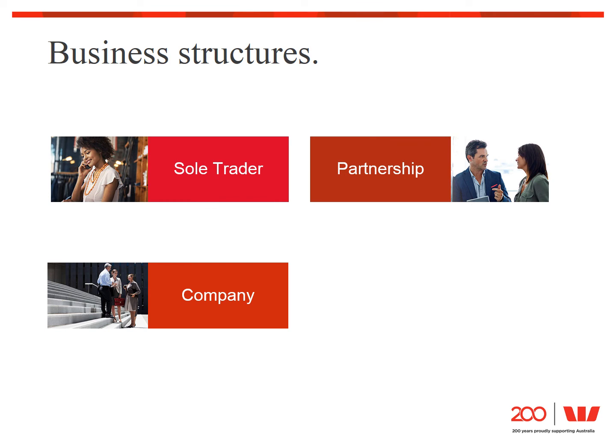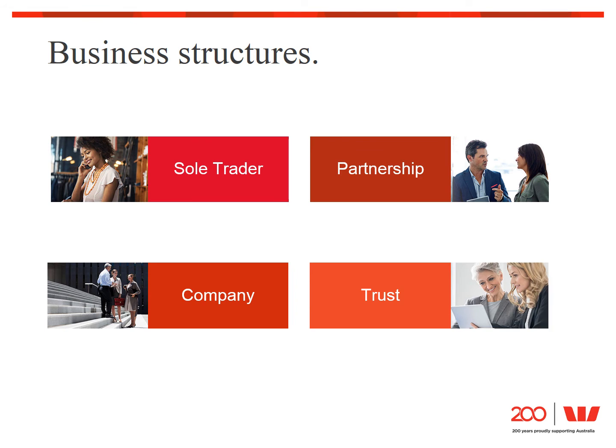In small mum and dad businesses, it's not uncommon for the shareholders and directors to be the same people. Company profits are currently taxed at a flat company rate of 30%. While a company is more expensive to establish and administer, it can offer protection for personal assets and be easier to manage a change of ownership in the future.